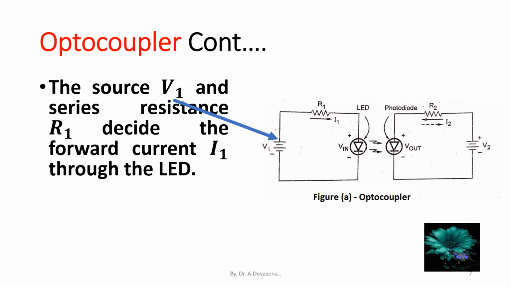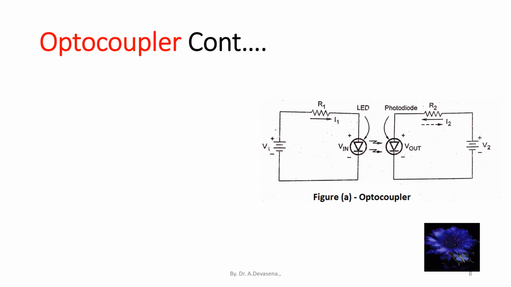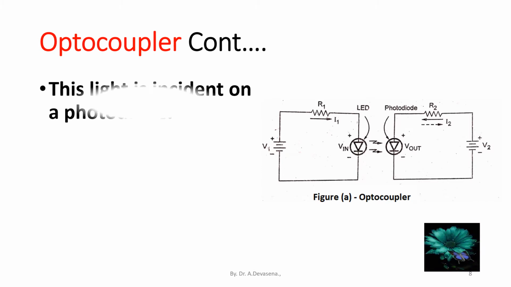This is the representation of the source V1. Thus, the LED emits the light. This light is incident on the photodiode. Here is a representation of the light that is emitted by the LED being incident on the photodiode.